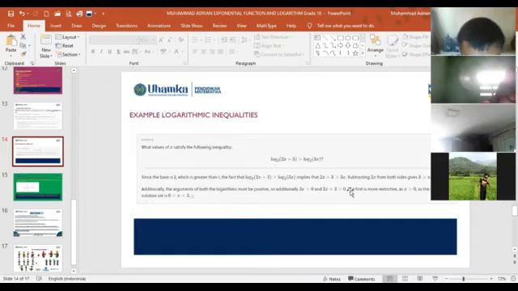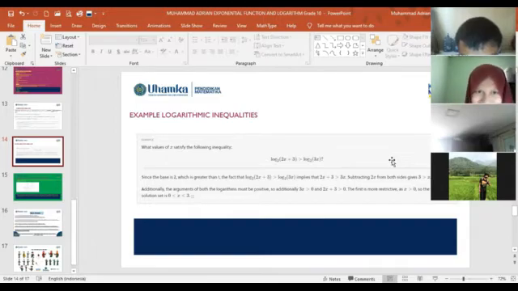The fact that log 2 of 2x plus 3 is bigger than log 2 of 3x implies that 2x plus 3 is bigger than 3x. Subtracting 2x from both sides gives x smaller than 3. Additionally, the argument of both logarithms must be positive.